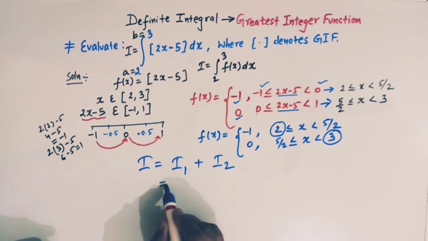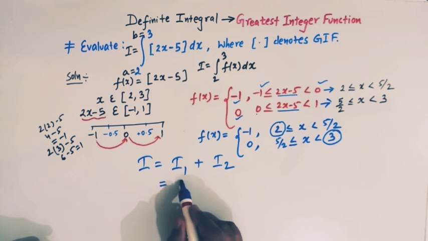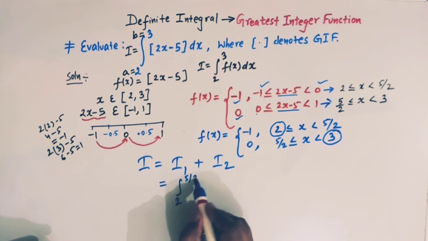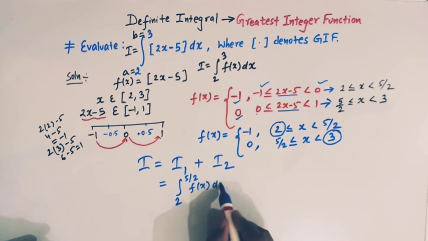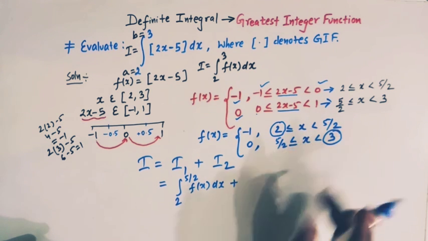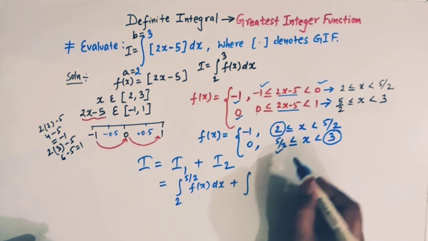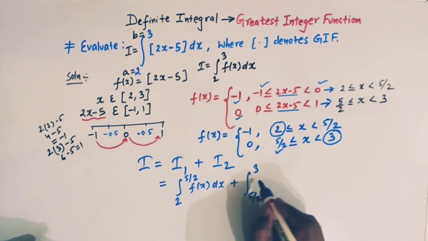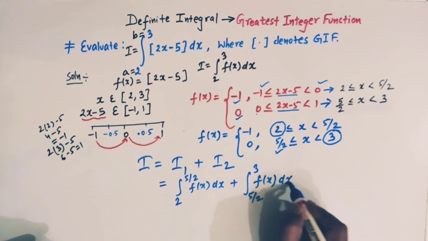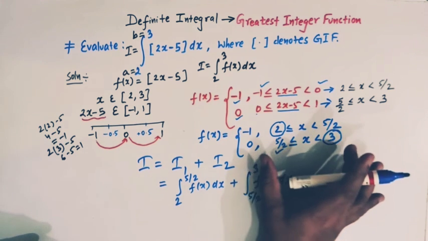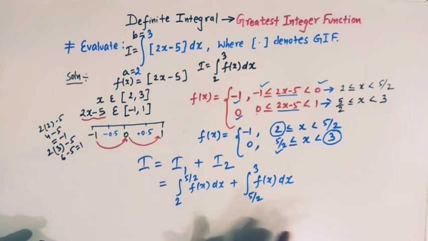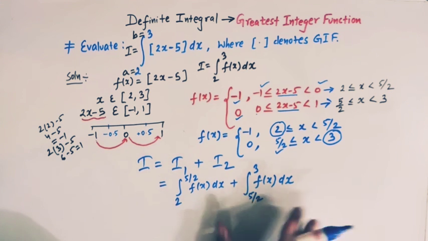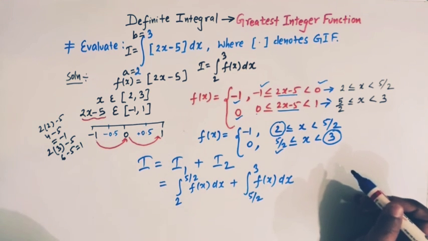What is I1? I1 is from 2 to 5 by 2, that is from 2 to 2.5, of f of x dx, and the other integral is from 5 by 2 to 3 of f of x dx, right? So due to these two intervals, we have divided this integral into two parts, due to the additive property of definite integrals, right?